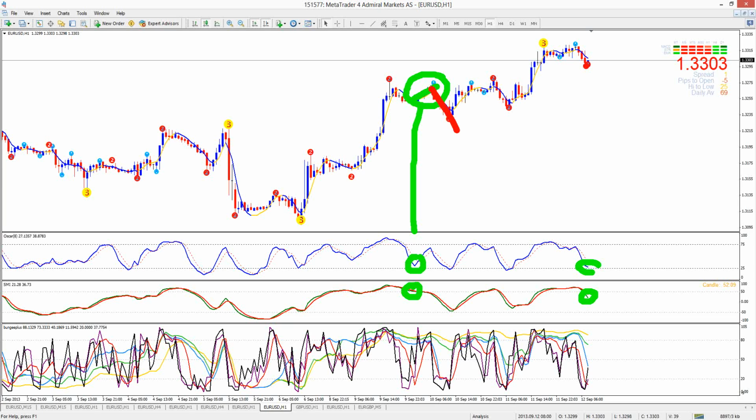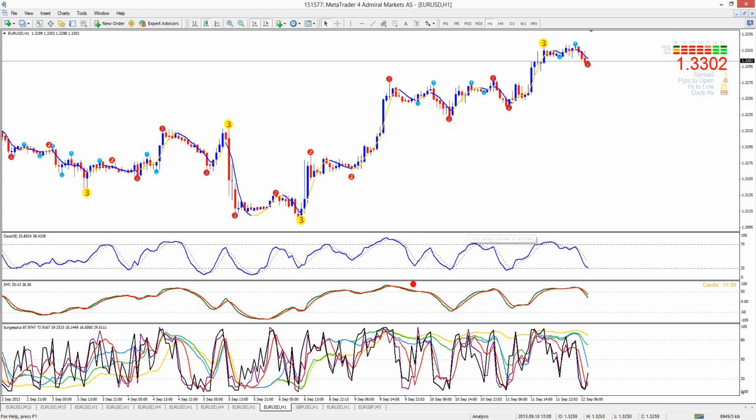So that's something we could think of as well now. Maybe that could happen. And of course, the continuation last time was not too deep. That could be different now. You see that? Same setup here: a low Oscar, a high SMI.